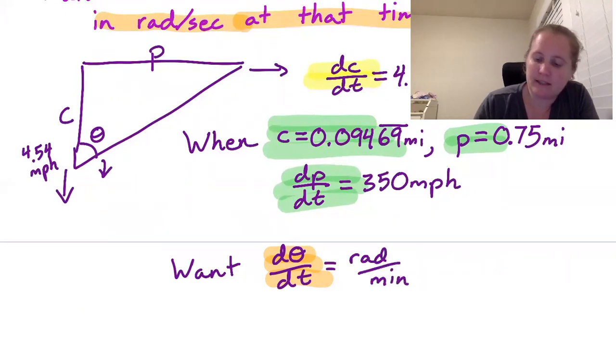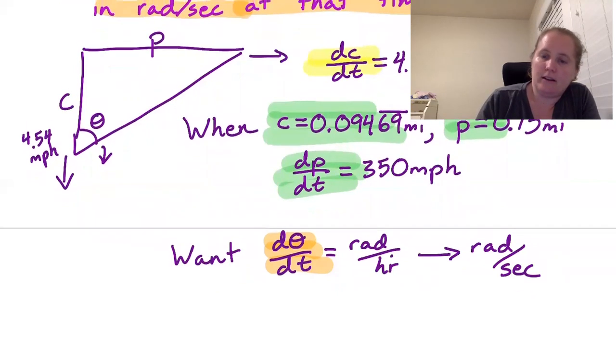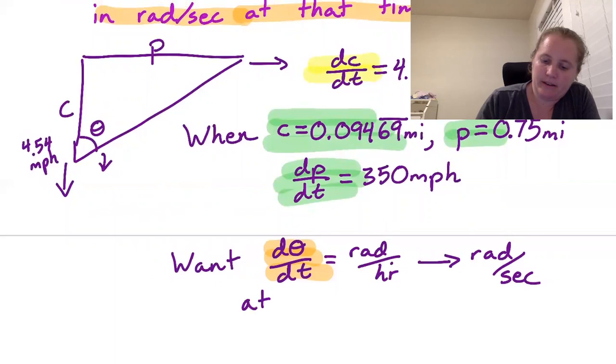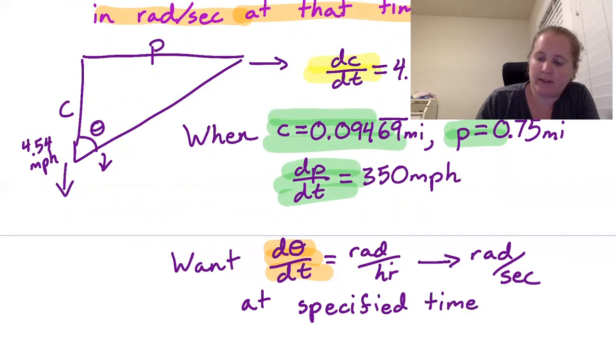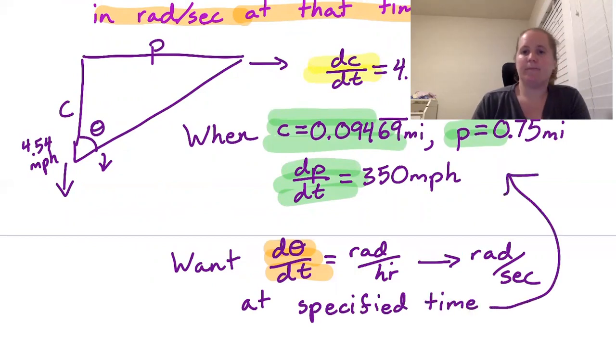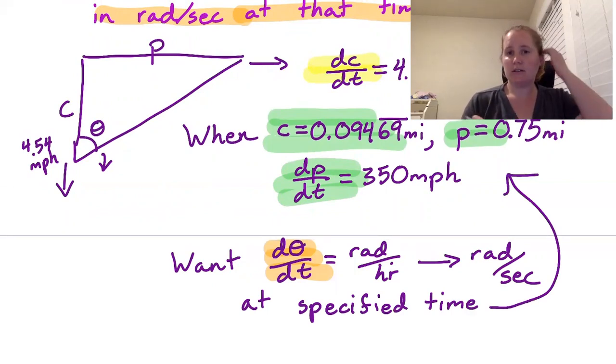This will be radians per hour, since t is in hours. And then we will convert to radians per second. And it's at the specified time here, right?